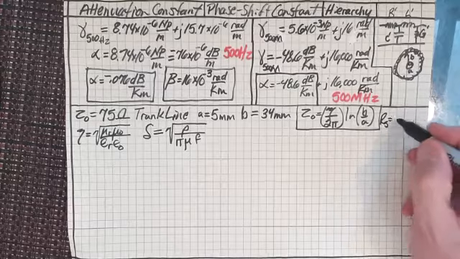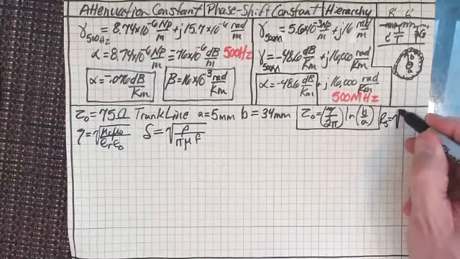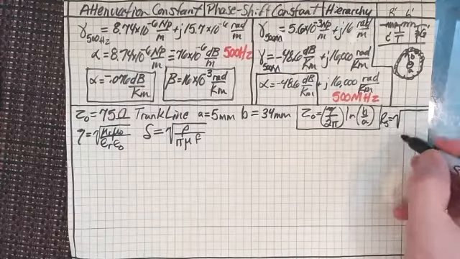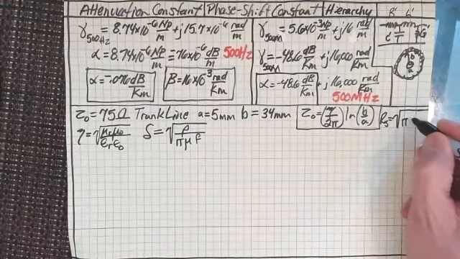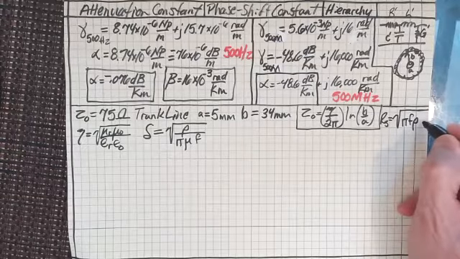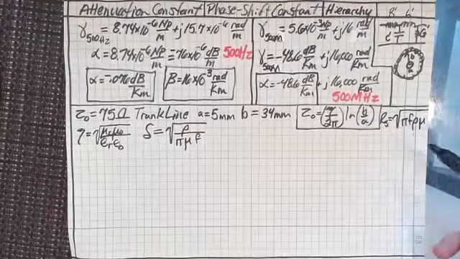I don't want you to get these equations confused because they're two totally different things for two totally different phenomena. And this is pi f mu rho.